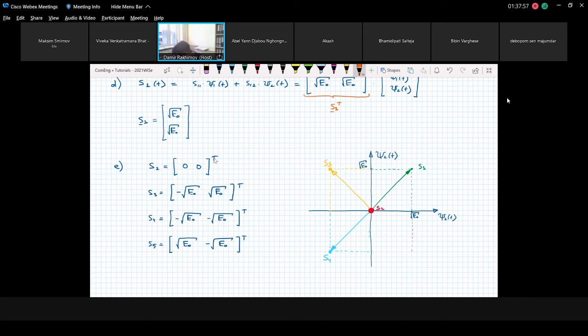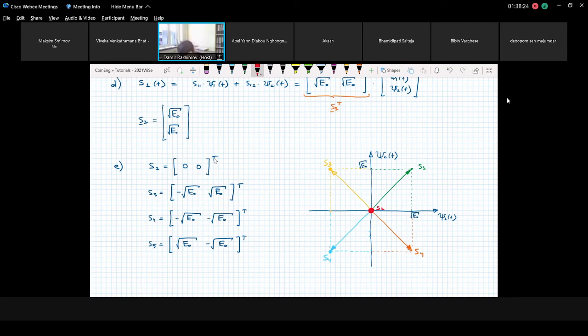It goes in the last quadrant. Okay, and this is how our signal space looks like. So we have a signal in the middle, in origin, and we also have 4 points in different quadrants.